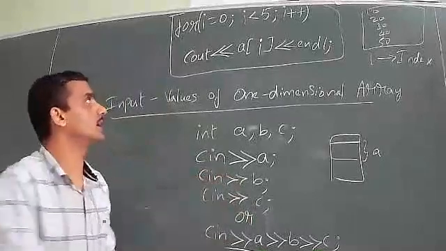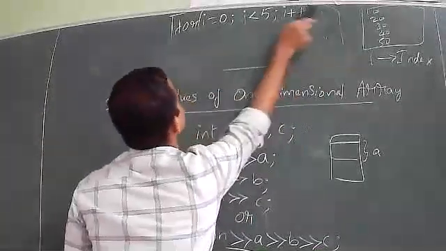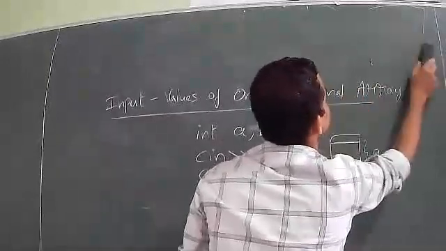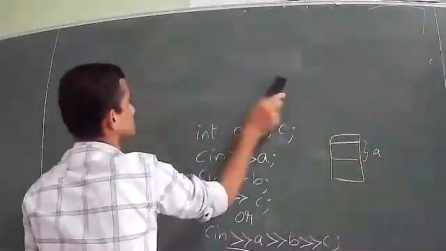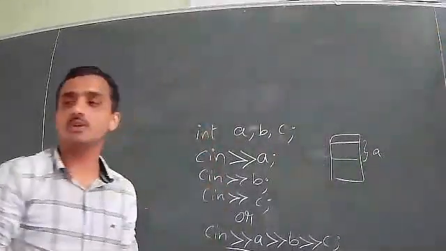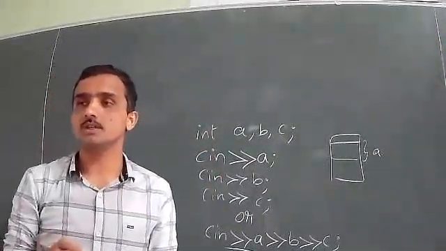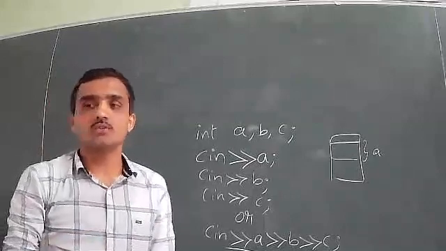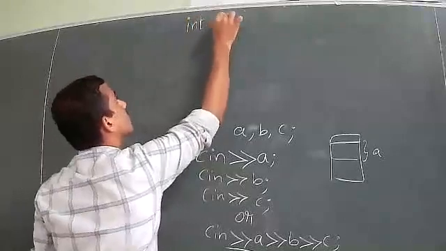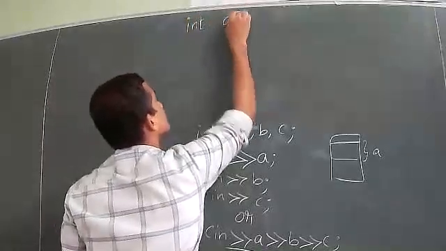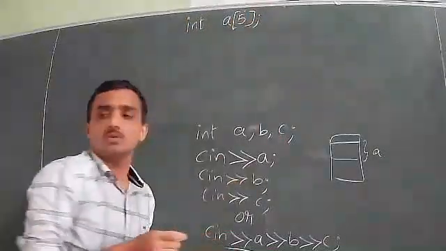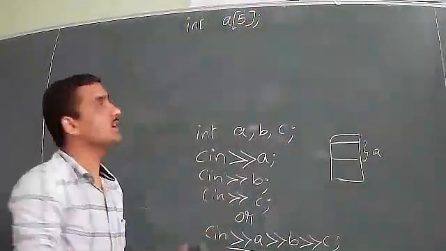Now if we go for an array, let me see how that works. When you consider the array concept, that is to store many values, when you declare the array, that is data type int, array name is A. For example, if I consider 5 values, one thing you have to remember here is don't initialize here.